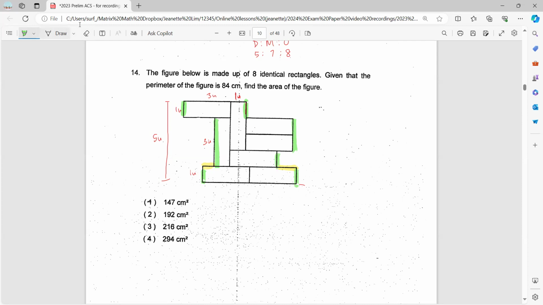So 5 units. So I have 5 units plus 5 units for the green ones. Then what about the top? This and this. So that whole thing there, the top is 7 units.